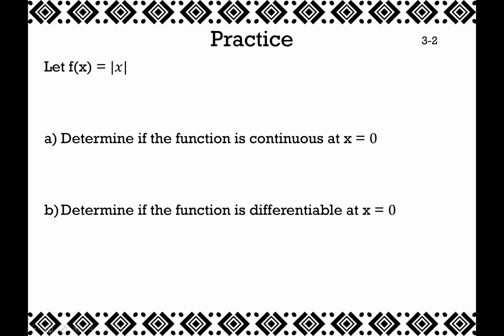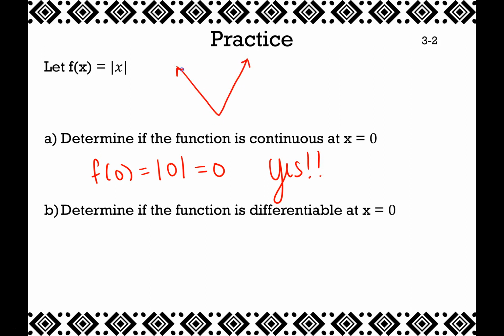All right, last one. Determine if the function is continuous at x equals 0. f of 0 equals absolute value of 0 equals 0. Yes, it is. We can plug in. There's no problem. We can even look at the graph, and we can say that the limit as x approaches 0 of absolute value of x is 0, and so is the evaluation of f of 0.